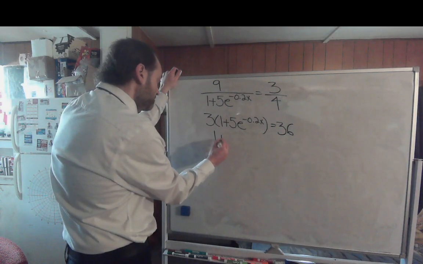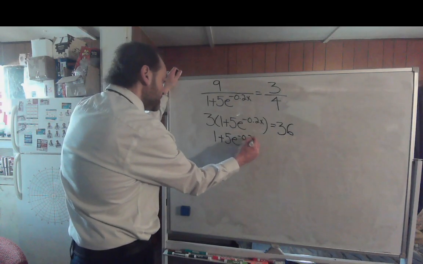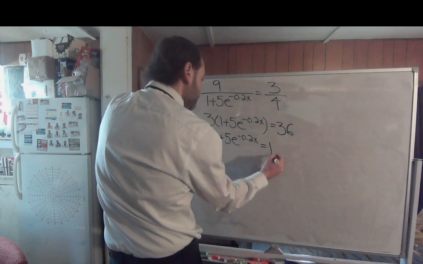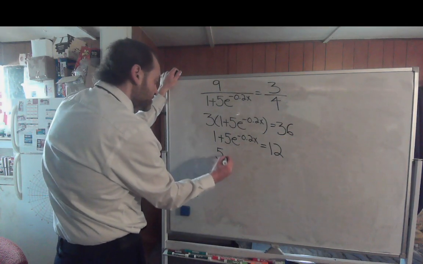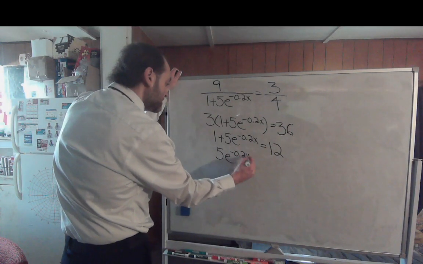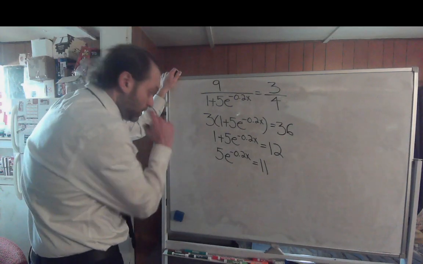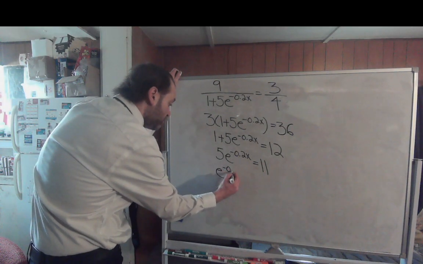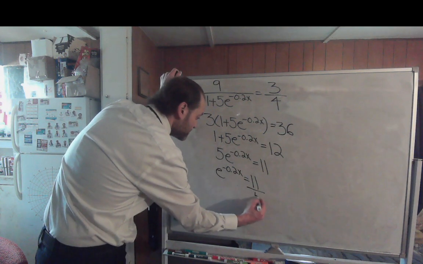You get 1 plus 5e to the negative 0.2x would equal 12. So then this will turn into 5e to the negative 0.2x would equal 11. So then you'll have e to the negative 0.2x would have to equal 11/5.